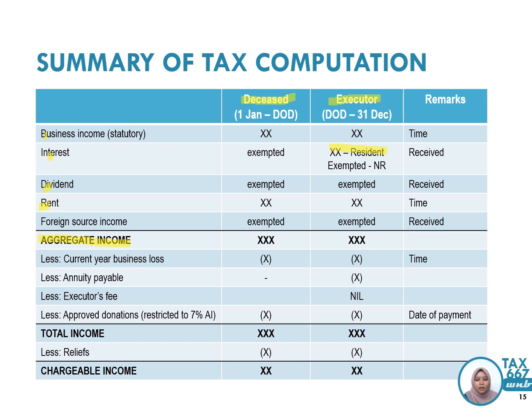So kita akan tolak current year business loss, tolak annuity payable boleh tolak, tolak executors fee tak boleh tolak, so this one is nil. Tolak approved donation ada restriction up to 7% of aggregate income. So this one nak kena check dululah, lebih ke tak lebih 7% daripada aggregate income here.